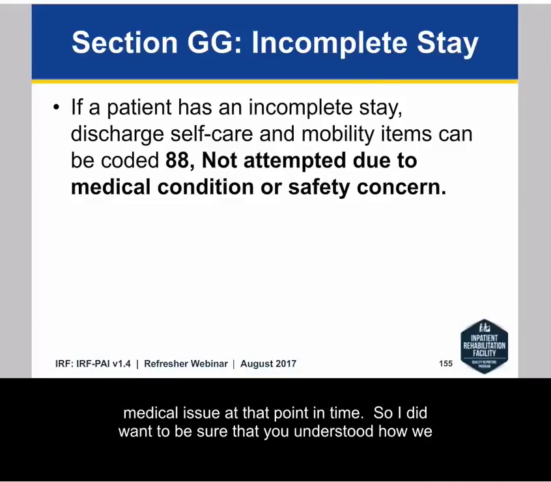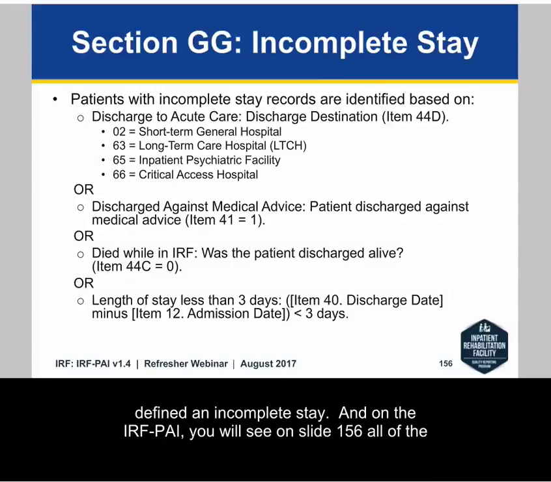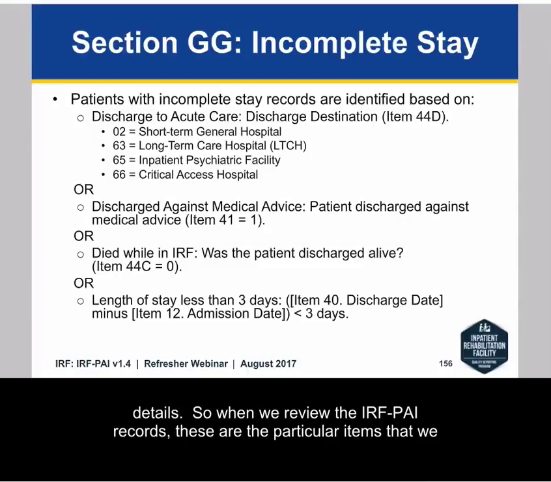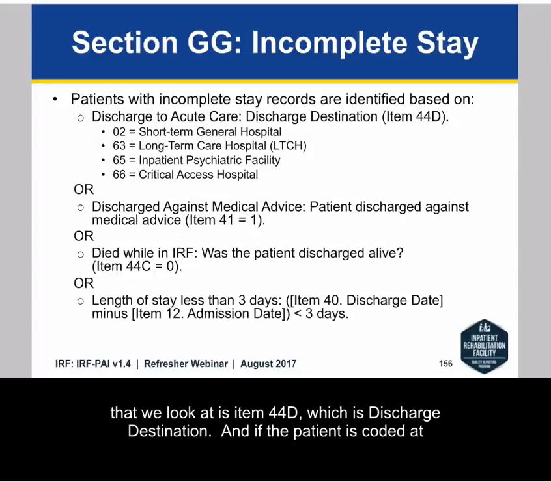So I did want to be sure that you understood how we defined an incomplete stay. And on the IRF-PAI, you will see on slide 156 all of the details. So when we review the IRF-PAI records, these are the particular items that we look at to determine if the patient has experienced an incomplete stay. So the first item that we look at is item 44D, which is discharge destination.